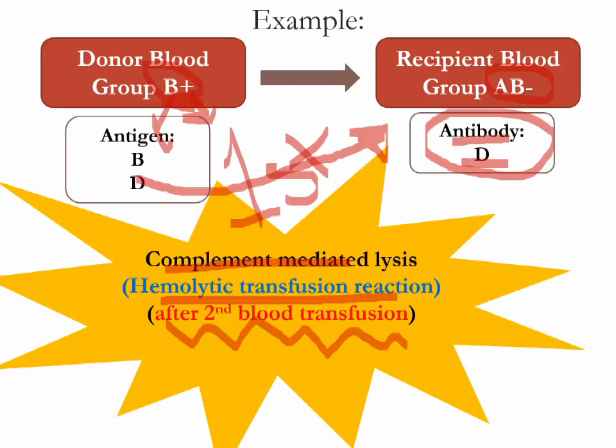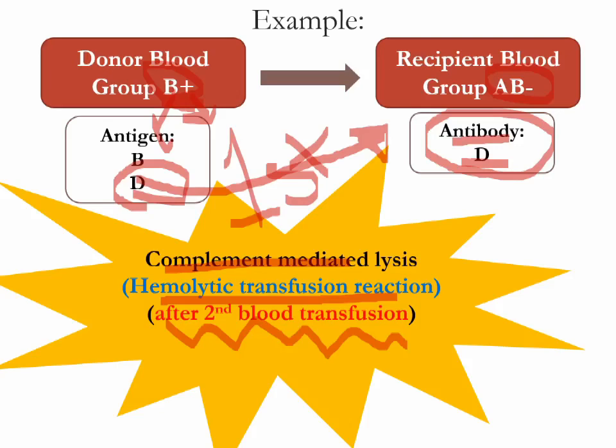So one more time, when you transfuse an Rh positive person to an Rh negative person, if this is the first time, the body of the Rh negative person hasn't formed the antibody yet. So for the first time, the immune system will start to recognize the foreign antigen D and will start to form antibody D, and this takes time.